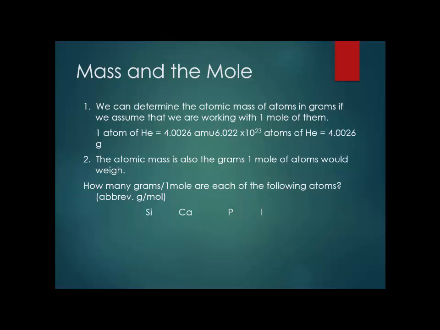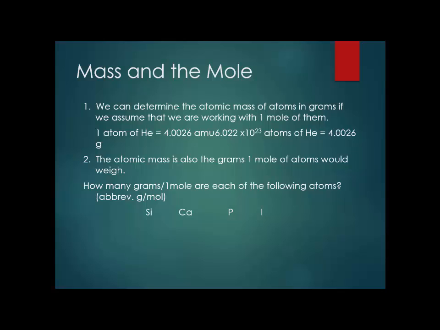We can determine the mass of atoms in grams if we assume that we're working with 1 mole of them. So 1 atom of helium is 4.0026 AMU. And if we took 6.022 times 10 to the 23rd atoms of helium and put them all together and took their mass, we'd get 4.0026 grams of helium.